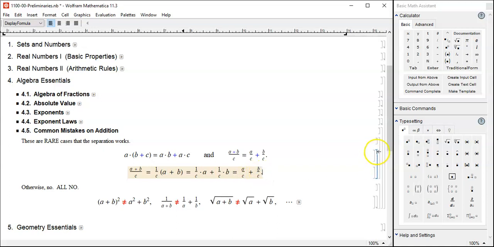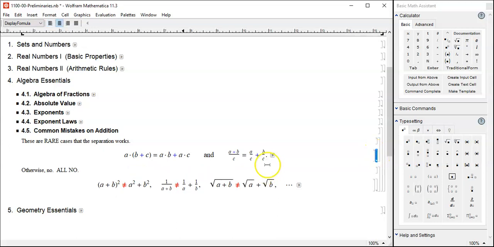But of course, who has time to go through all the proofs? You can go directly to this. Whenever you have addition or subtraction in the numerator, just split those out. Otherwise, oh no. You see, the distributive law works either for multiplication or division, and deep down they're the same thing.